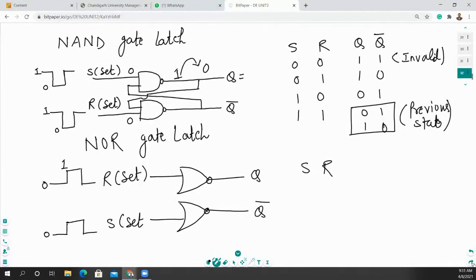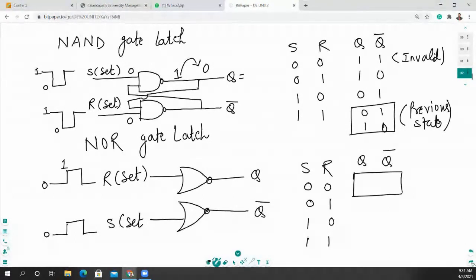There are two inputs. For these two inputs, you have to derive the four combinations: 0 0, 0 1, 1 0, and lastly 1 1. Okay, so we have the final output Q and Q bar. For the 0 0 condition, it will totally depend upon two cases.